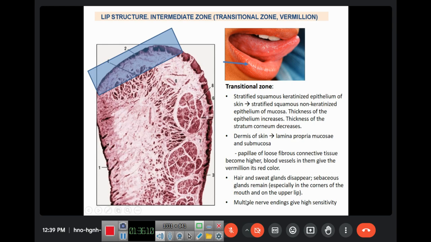The hair and sweat glands in transitional zone disappear, but some sebaceous glands remain, especially in the corners of the mouth and on the upper lip. But in the lower lip, the sebaceous glands, which produce lipids, are almost absent. This is why the lower lip usually becomes very dry, and it can crack.